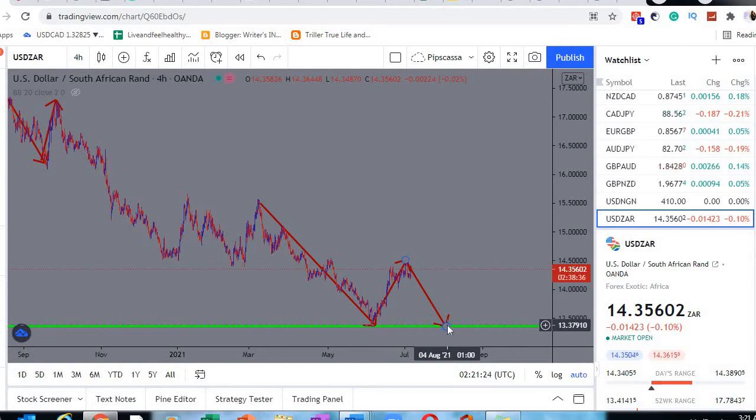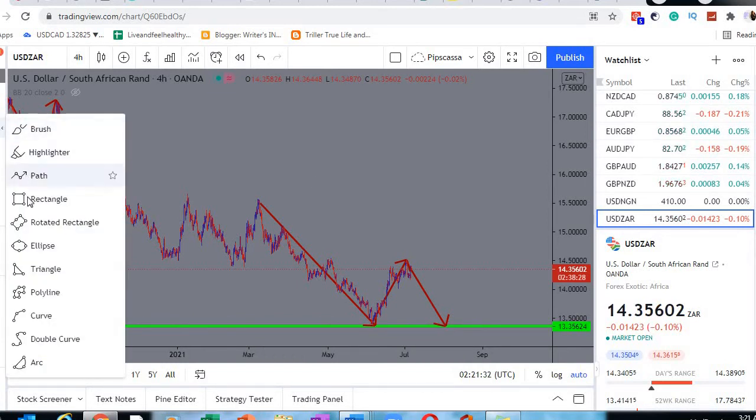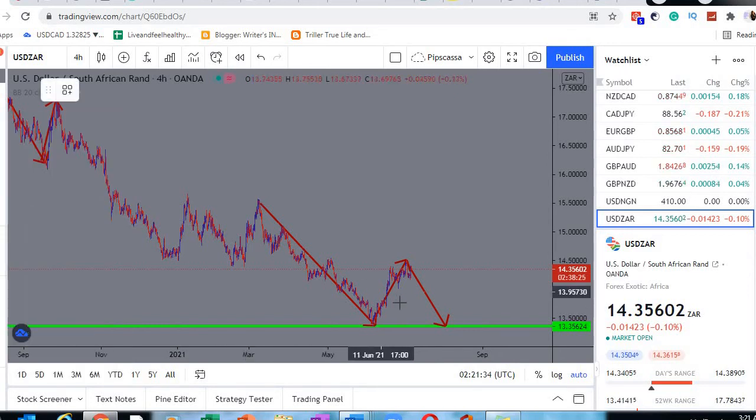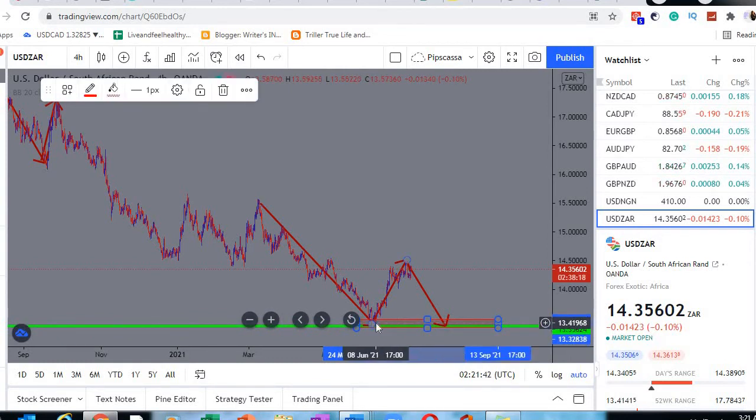So first though, the first place to take a buy from is this point. But where you are being very conservative, you're being careful, you want to be sure that the market will not continue down. Because some people say, how am I sure that the market will actually stop right here at this zone? Because you've seen the first zone here. This is a zone of reference, and the market pushed up.